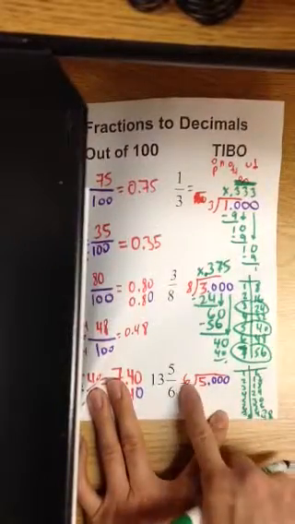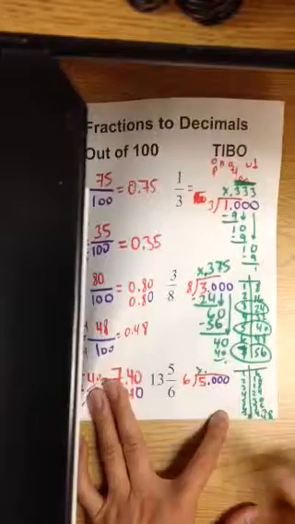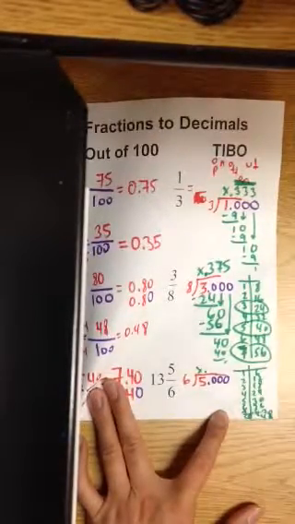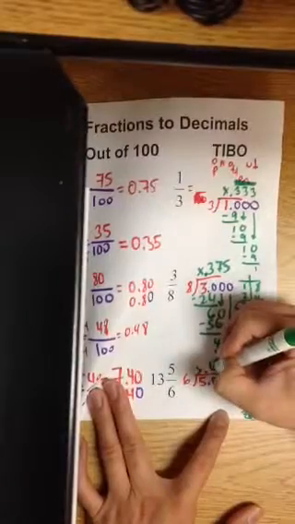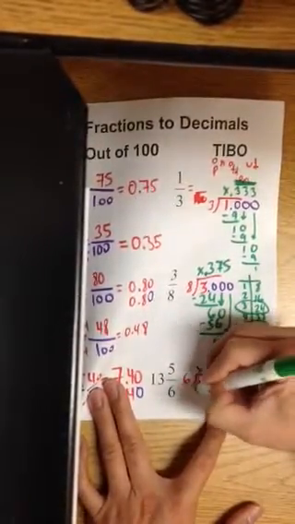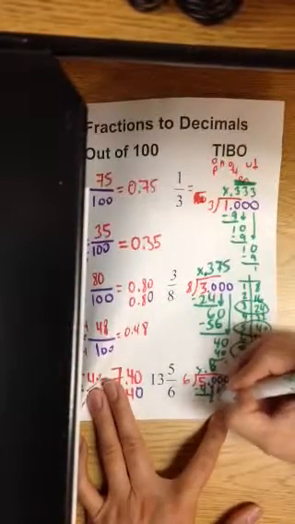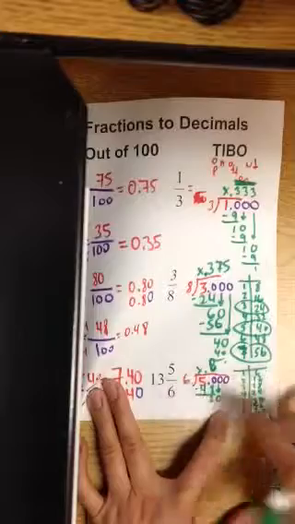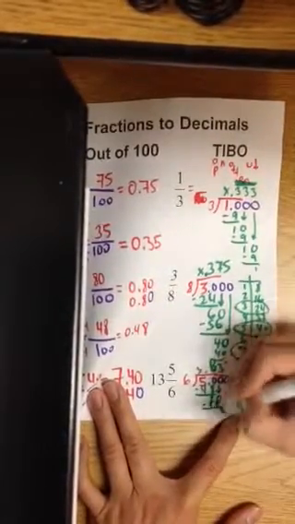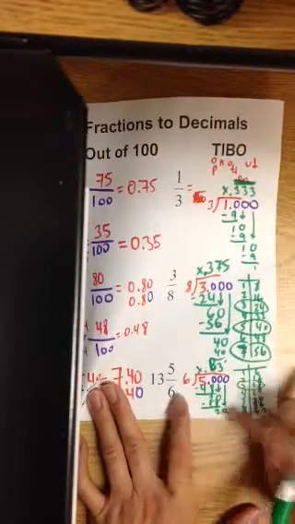So, can 6 go into 5? No. Oh, don't forget your decimal point. Can 6 go into 50? It's this one right here. Sorry for my mess. It goes in 8 times. That's 48. 50 minus 48 is 2. I bring down the 0. Can 6 go into 20? 3 times. It goes in 18, so it's 2. I bring down the 0. Can 6 go into 20?